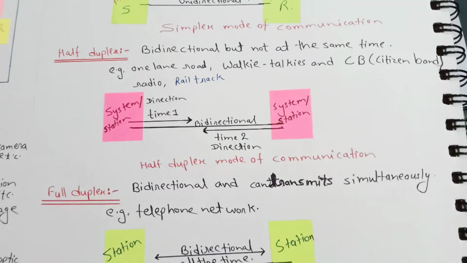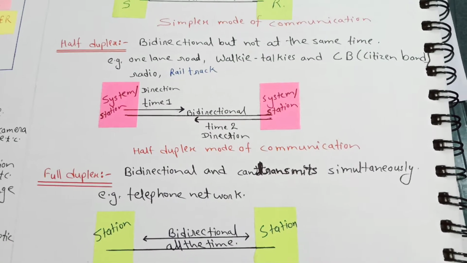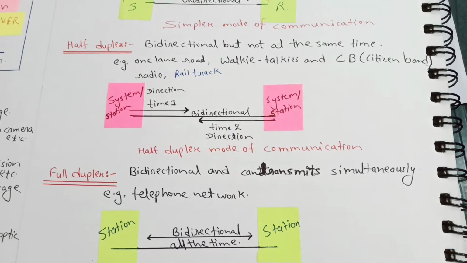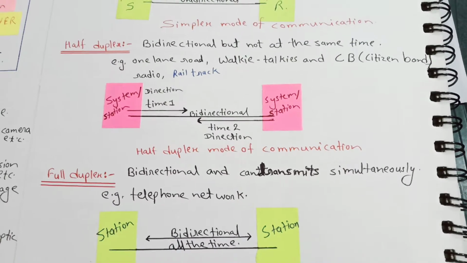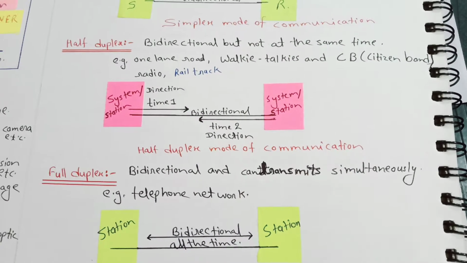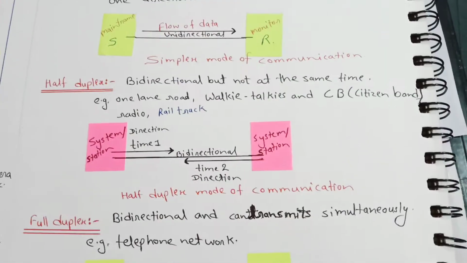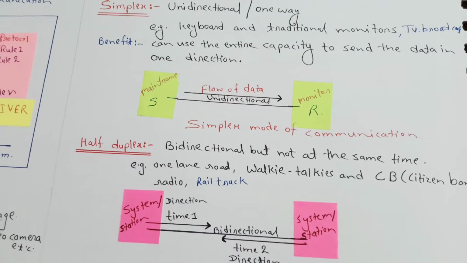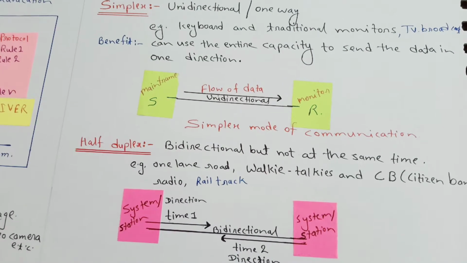Now we will discuss the half duplex. What is half duplex? Half duplex mode of communication is bidirectional but not at the same time. It is evolved and it is something changed, and we can say that it is an improved version of simplex.